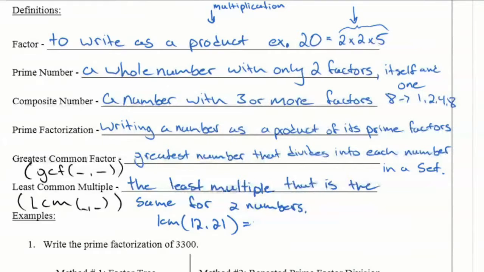So at what point do these things multiply to a common number? The smallest number they both multiply to is going to be 84. We'll look at how we can get that. For now, you'll just have to take my word for it.